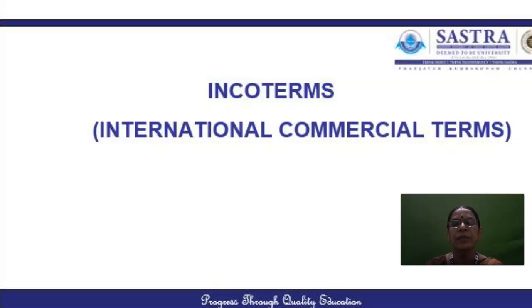FCA, free carrier, named place of delivery. The seller delivers the goods cleared for export at a named place, possibly including the seller's own premises. The goods can be delivered to a carrier nominated by the buyer or to another party nominated by the buyer. In many respects, this Incoterm has replaced FOB, free on board, in modern usage, where the critical point at which the risk passes moves from loading aboard the vessel to the named place.